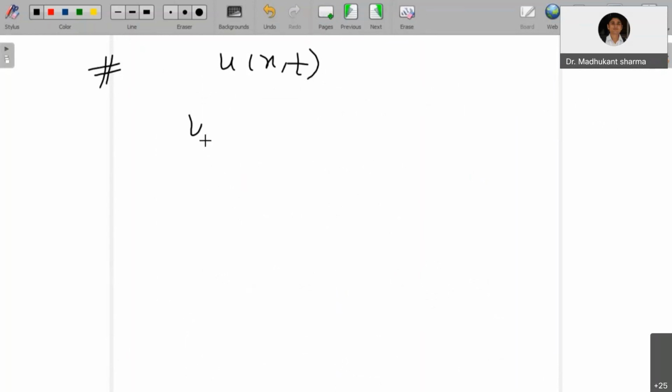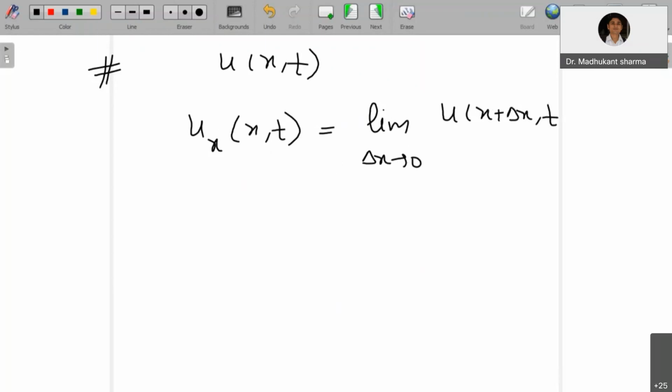I want to have ux at x comma t, the partial derivative at this point. The fundamental definition is the limit as delta x tends to 0 of u of x plus delta x comma t minus u at x comma t, divided by delta x. Are you aware about it?